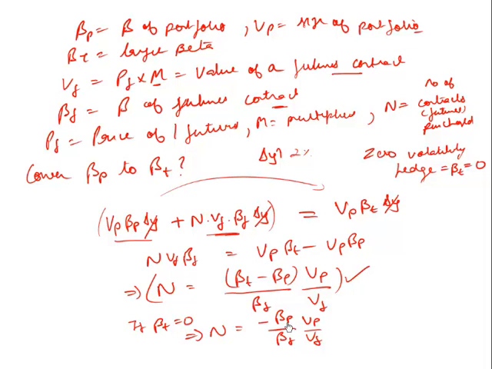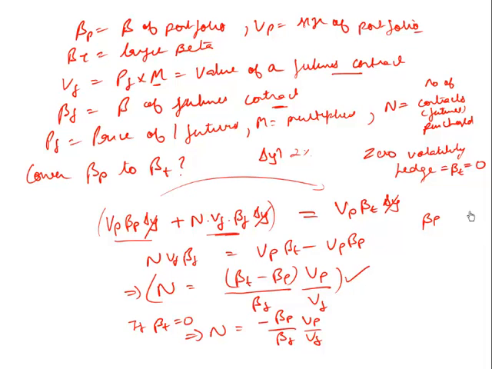Please note, many a times, instead of giving the betas with the market, this beta is the beta of the portfolio with the market. This beta F is the beta of the futures with the market. Sometimes the beta of the portfolio with respect to the futures itself is given.